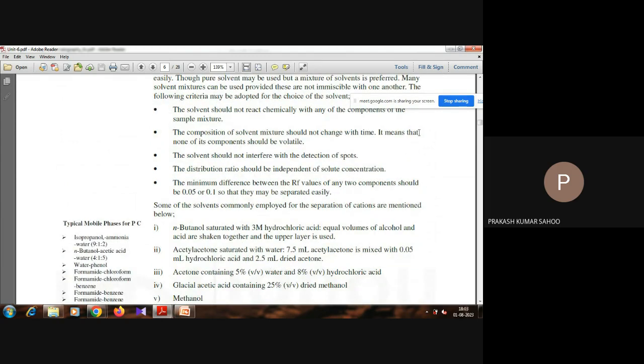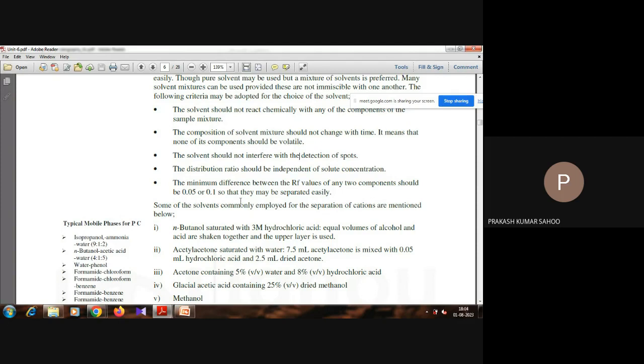It means that none of its components should be volatile, so a volatile solvent will not be used. The solvent should not interfere with the detection of the spot. If the solvent interferes, we may not have a clear vision of the spot for its detection.